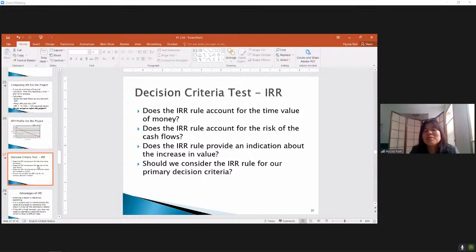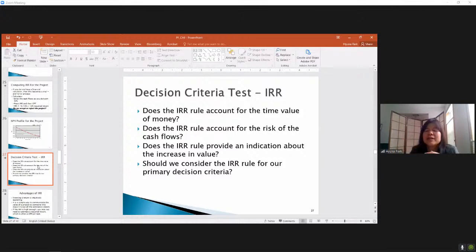It's hard to say, and not a definite yes, because we don't explicitly consider the riskiness of the project here. Indirectly it has some kind of relationship, but risk is not explicitly adjusted when we apply the IRR rule. Does the IRR rule provide an indication about the increase in value, how much value increase? There's no clear answer.